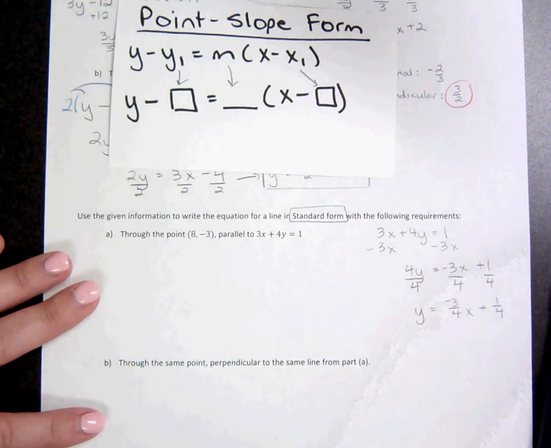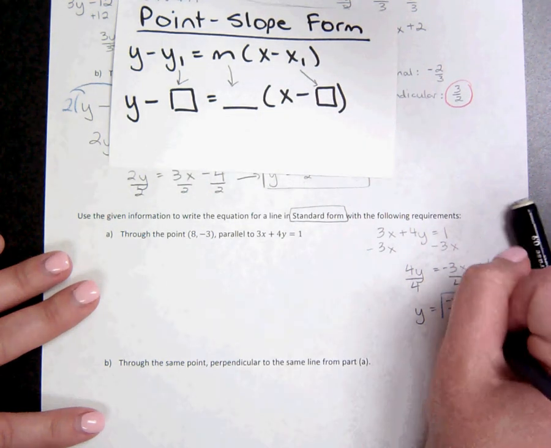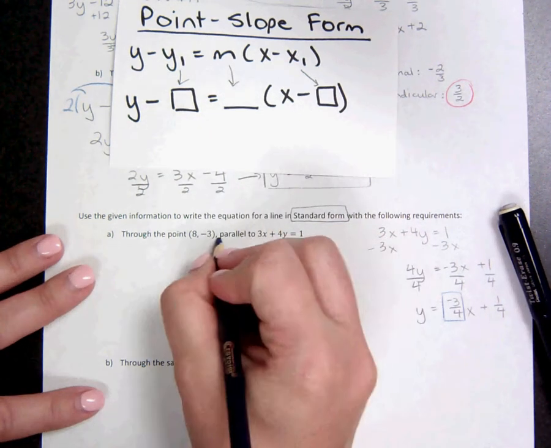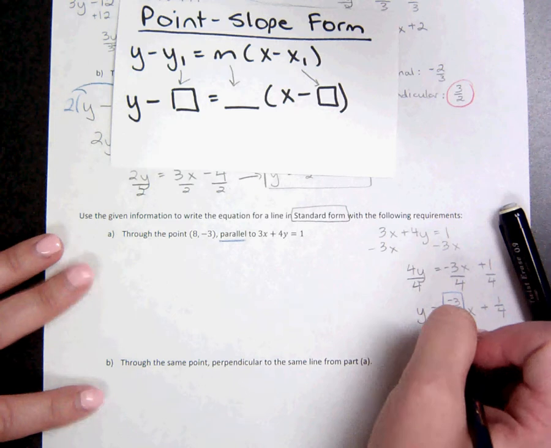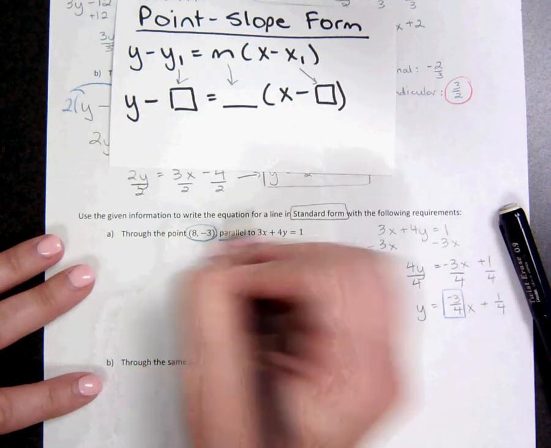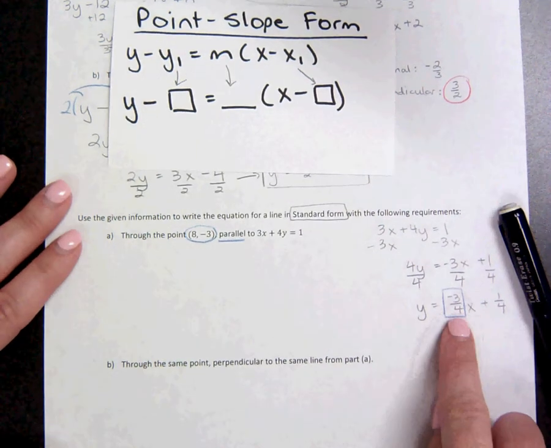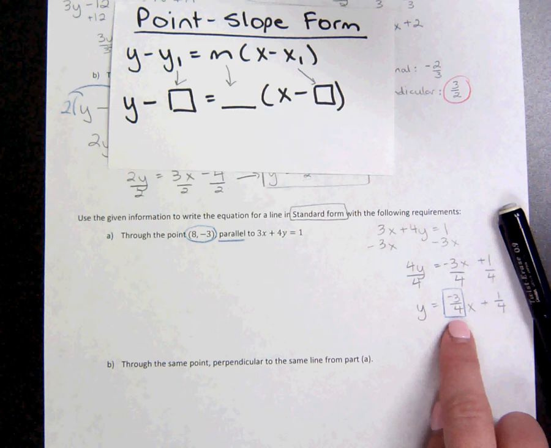I don't really care about that equation. The only part I care about is the slope of that equation. And we're going to be doing parallel to that slope, so the same slope using the point they gave us. So that's the first part, solving for y, getting that slope. A lot of students just stop there, but that's just the very first step.